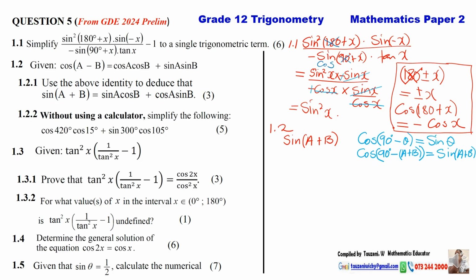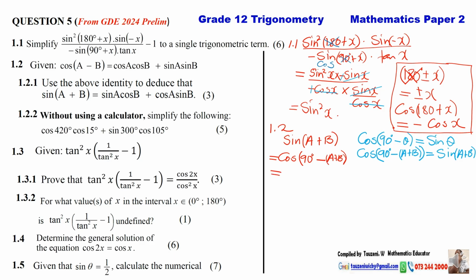So the sine of a plus b is equivalent to cos of 90 degrees minus theta. In place of theta, we now have a plus b. Then we need to simplify this expression by applying the compound angle identity.